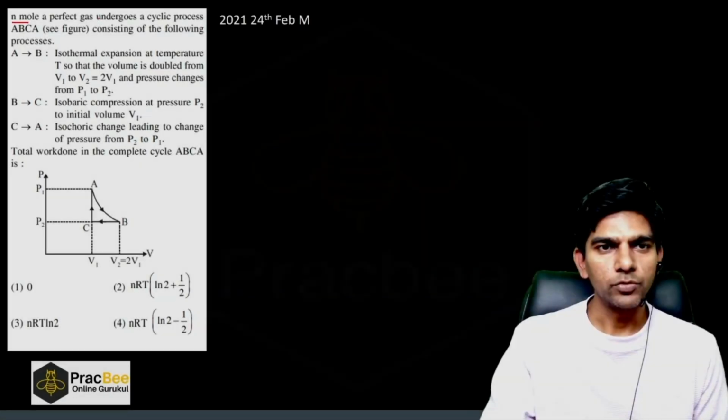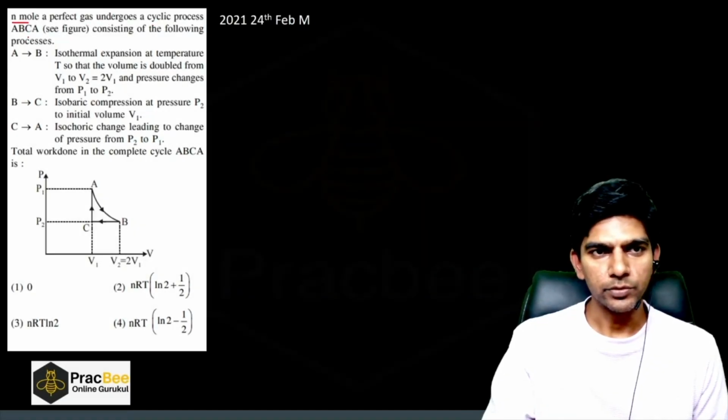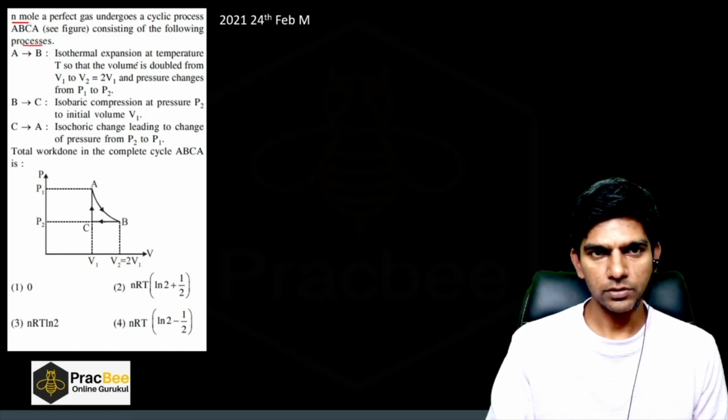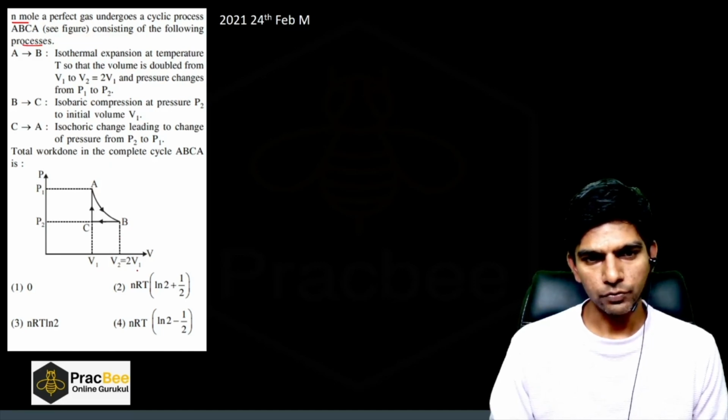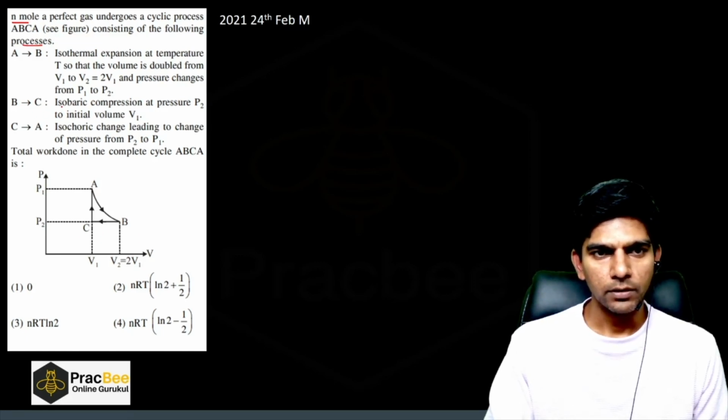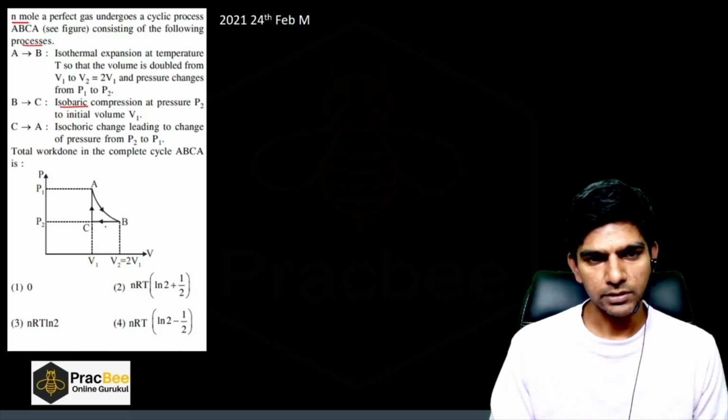Now we are given n moles of a perfect gas undergoing a cyclic process ABCA consisting of the following processes. From A to B, there is an isothermal process where volume is increasing from V1 to 2V1. Then from B to C, we have an isobaric process where volume is decreasing from 2V1 to V1.